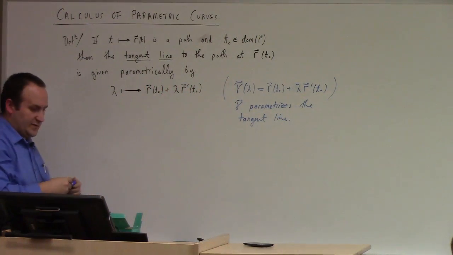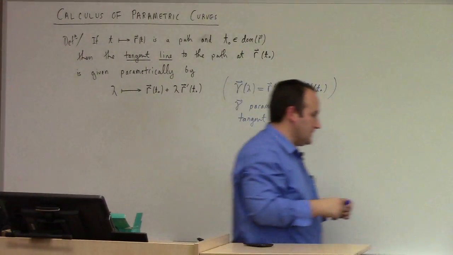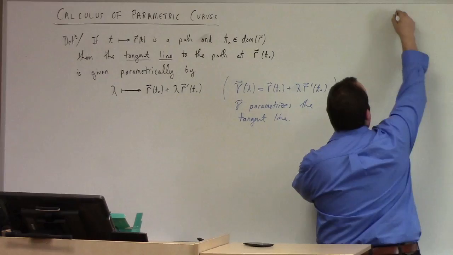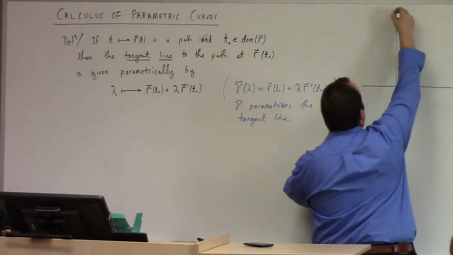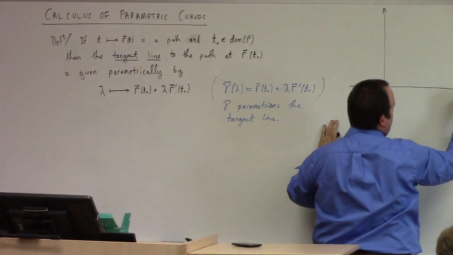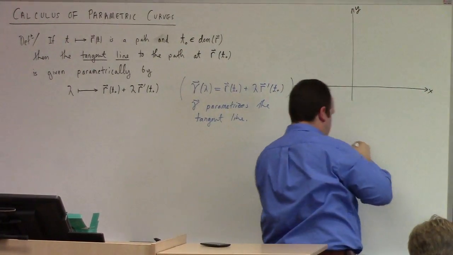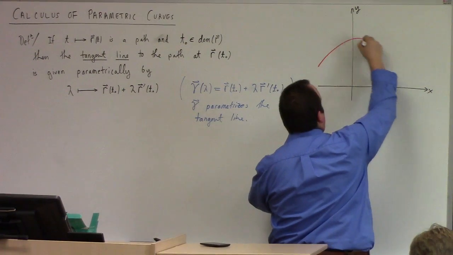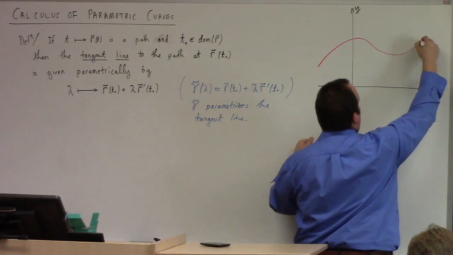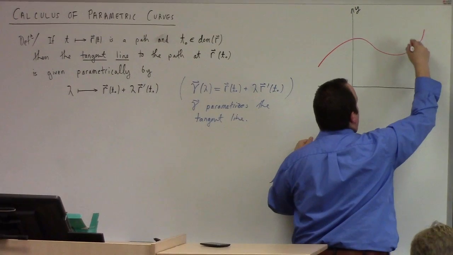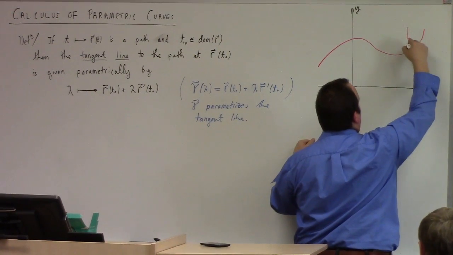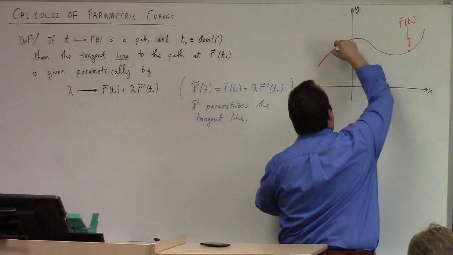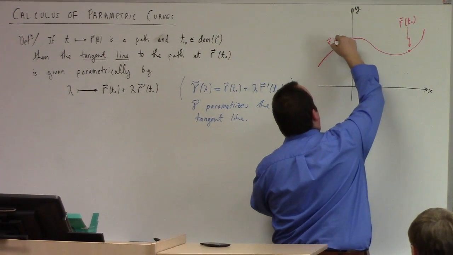Let me draw a picture before I do much more. So we're in the plane. We've got some curve. I mean, it's a path, really, right? And maybe here's the point that we're interested in. Right, so a typical point on this path is given by R of t.